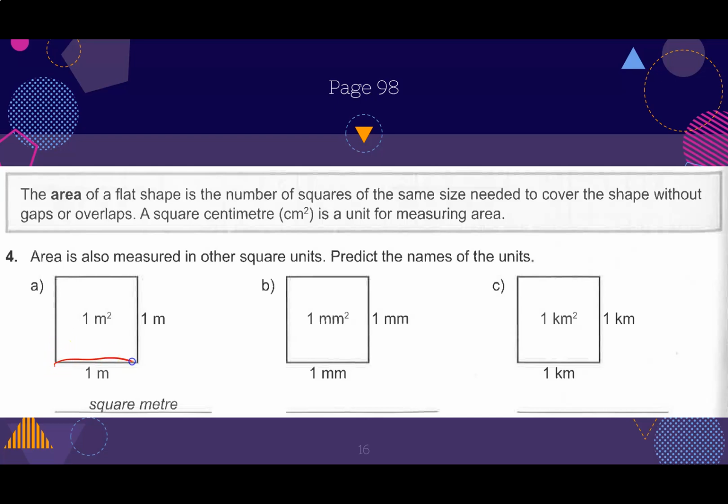So if your square is 1 meter by 1 meter, remember that's a small m with our small 2, that is called a square meter. If our square is only 1 millimeter by 1 millimeter, that would be a square millimeter. Go ahead and try part C.